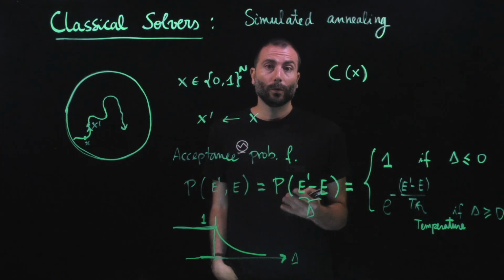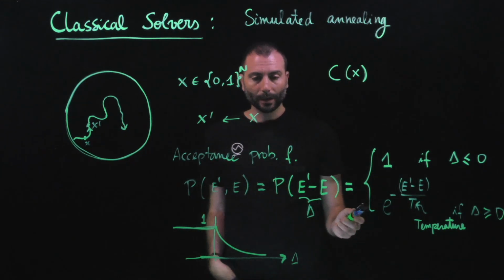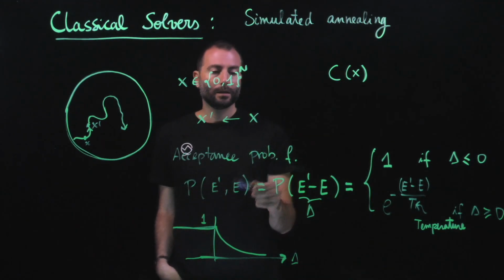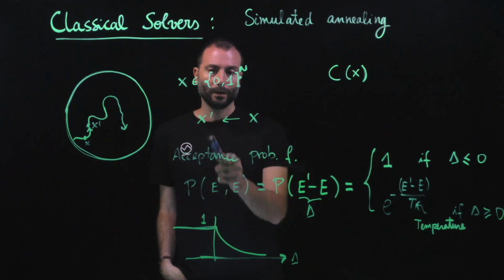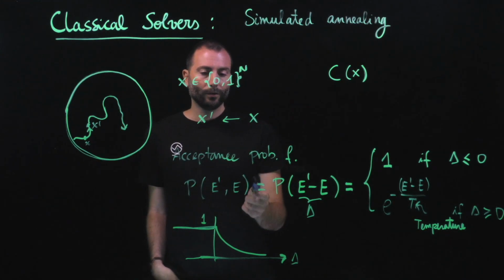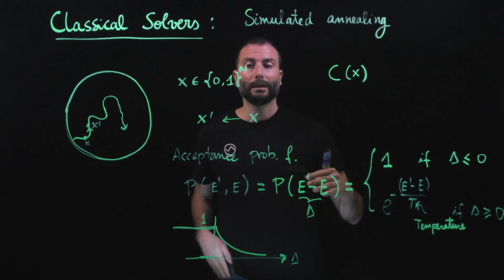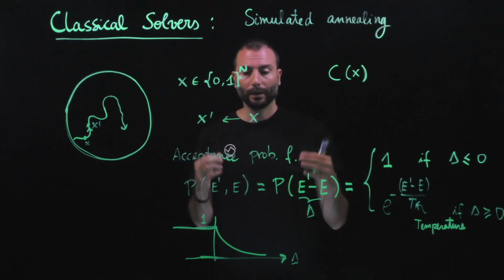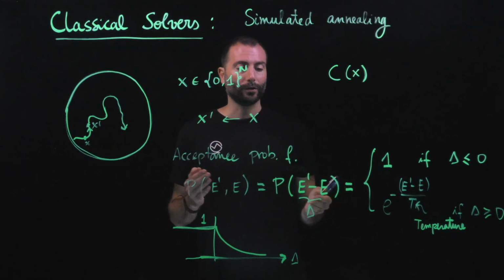Okay. And now we will understand the origin of this name. The idea of the algorithm is that initially you start with some sequence X, you propose randomly a new solution, X prime, and then you set the temperature to a large value, in the sense that you are simulating that your system is very hot. So it's very likely that you will explore high energy configurations.